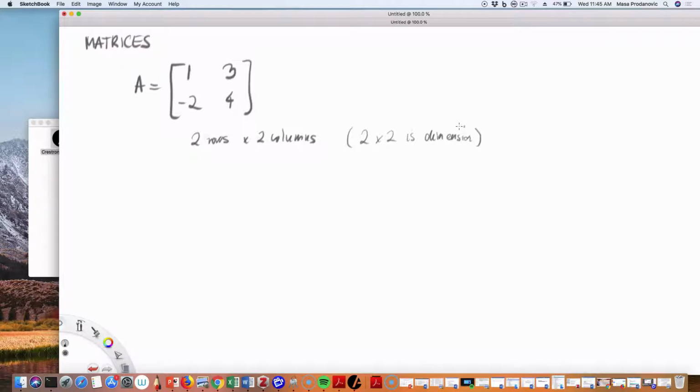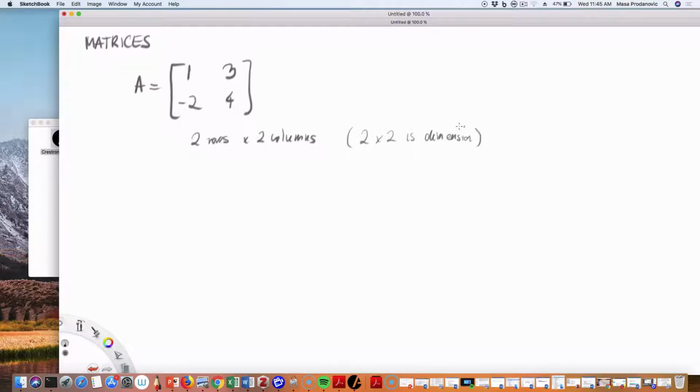Now, one of the most important things in representing a whole lot of problems that we deal with, especially with data, is multiplication of a matrix and a vector. And what that does is a generalization of my function.